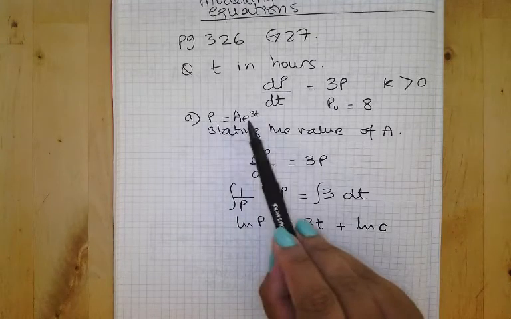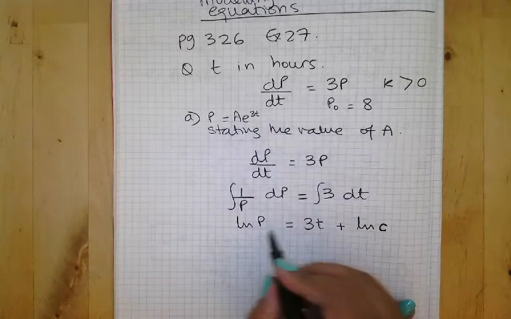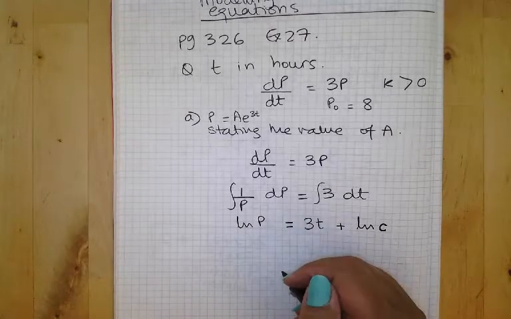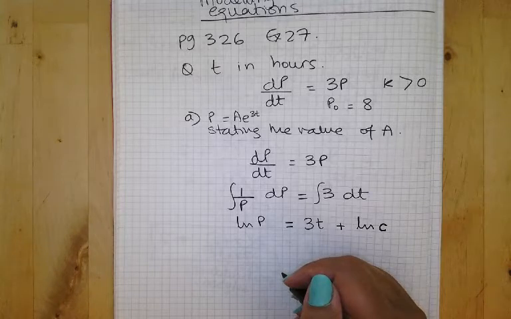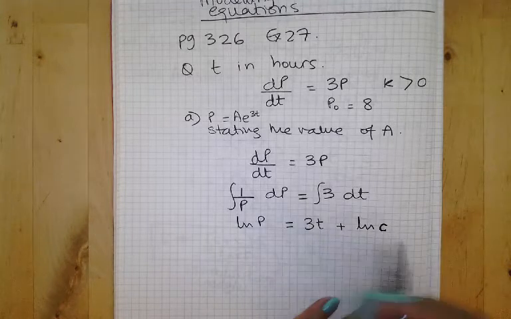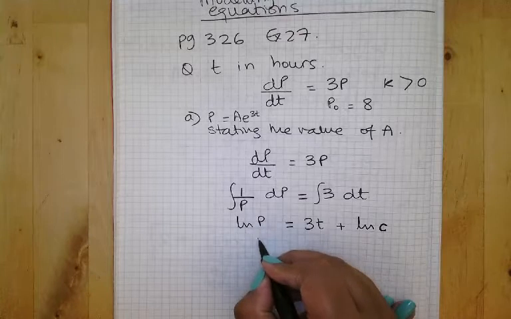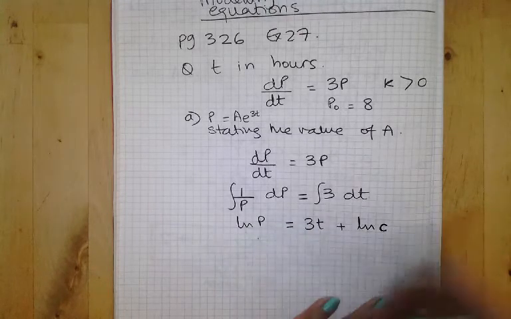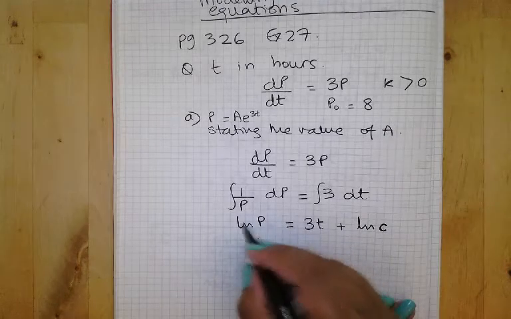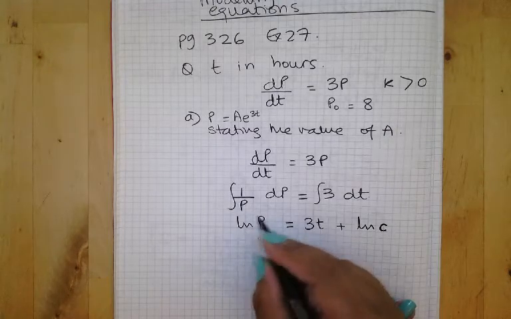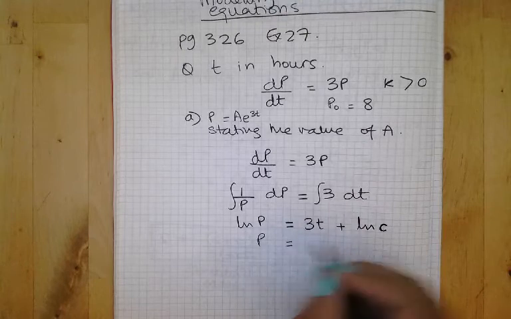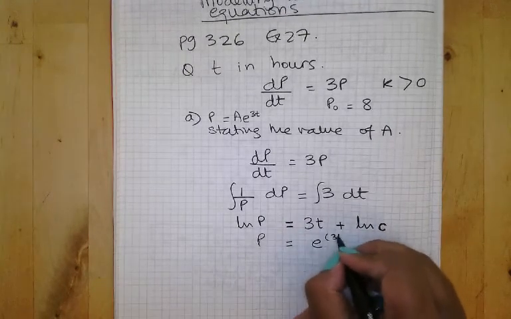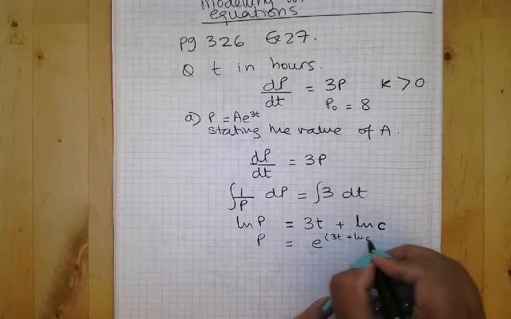Okay, P equals Ae^(3t). So next thing I need to do is, basically if I want to find P, I'm going to have to take e to the power on this side. So get rid of ln by doing e to the ln P, so that's going to give me P equals e^(3t + ln c).